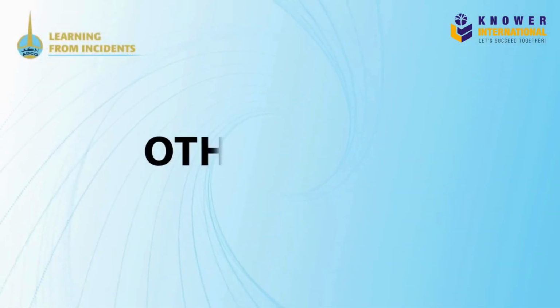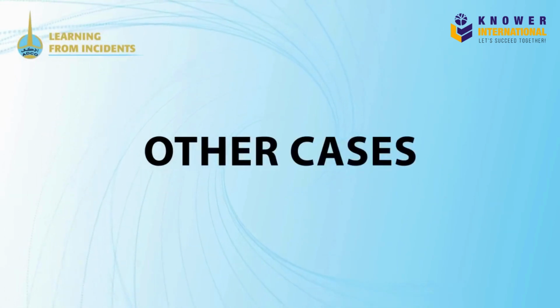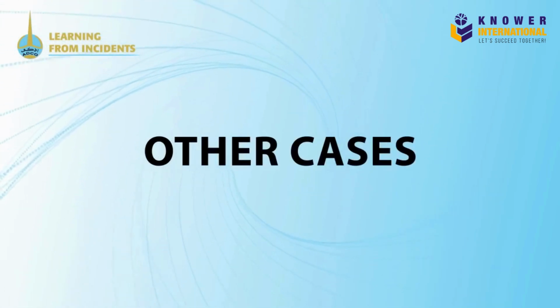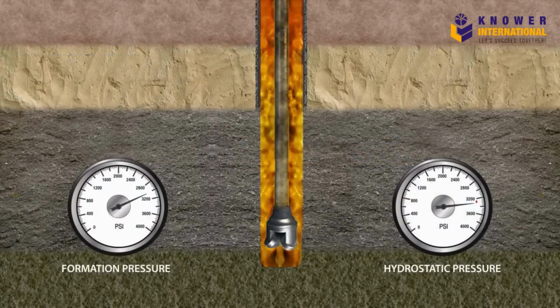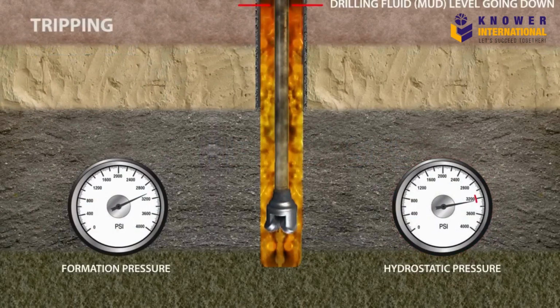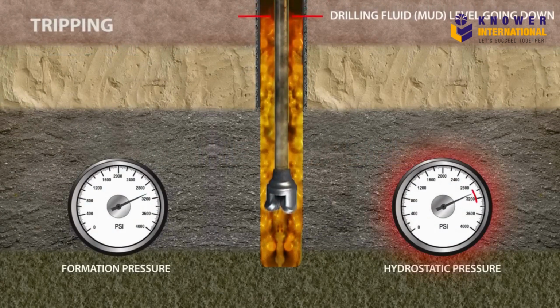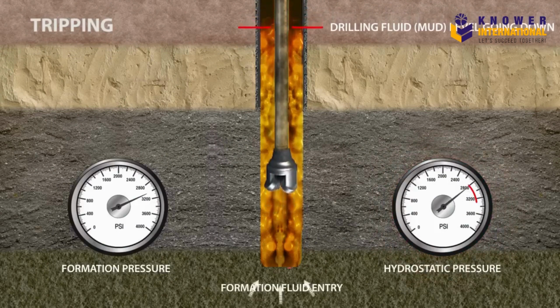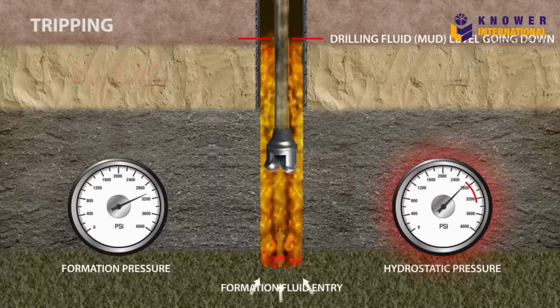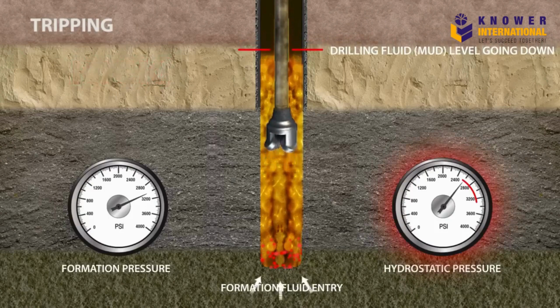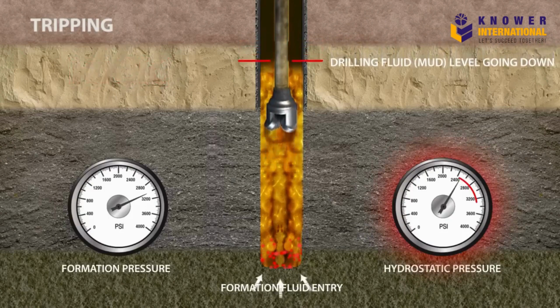There are other cases when a kick can occur. Let's review some of them. While tripping, if there is a failure to keep the hole full of mud to maintain adequate hydrostatic head, then the hydrostatic pressure will be less than the formation pressure, inducing a kick.